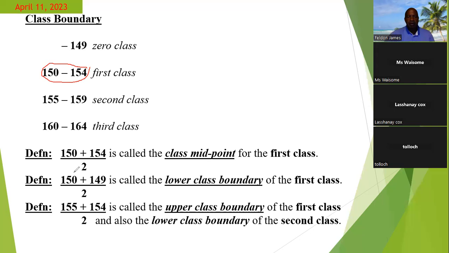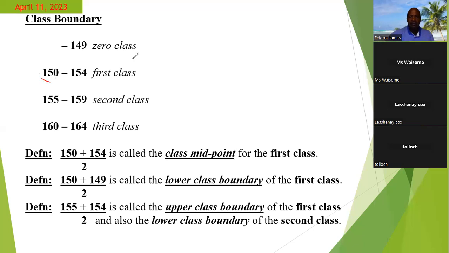Now we talk about the boundaries. We would add the upper limit of one class with the lower limit of the next class. Now, if we are to find the first class boundary, it would occur at the lower limit of the first class.